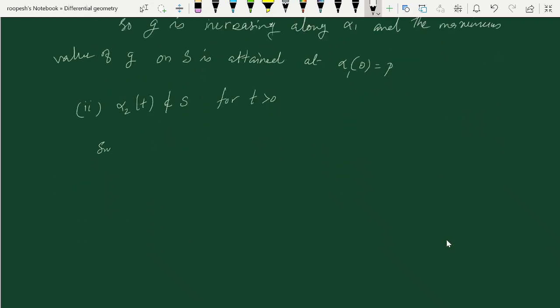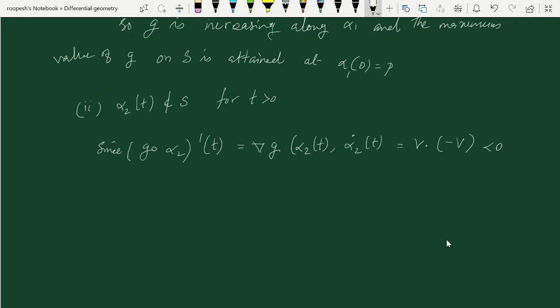Since (G composition alpha 2)' of t is equal to del G of alpha 2 of t dot alpha 2 dot of t, and this is equal to V dot minus V, so this value is less than 0.